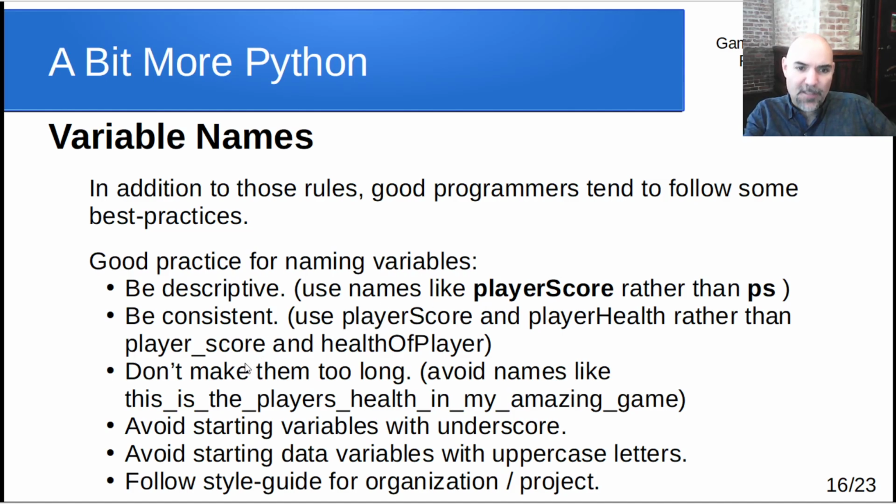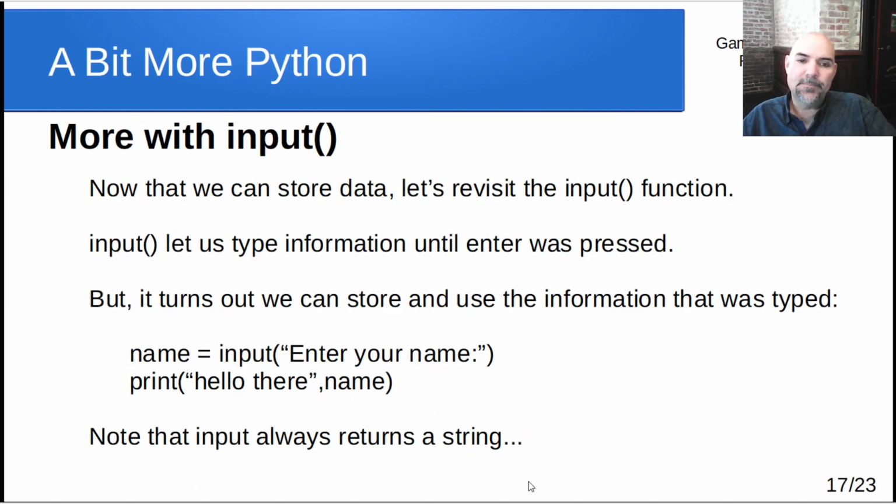And there's a style guide that says, for our project or company, we use this style for naming variables. Really, these are the two predominant ones. You put an underscore between the subwords or you camel case the subwords. One of them requires an extra character. One of them requires you to hit the shift key partway through. But be consistent. And if you're on a project that has a style guide, follow it.